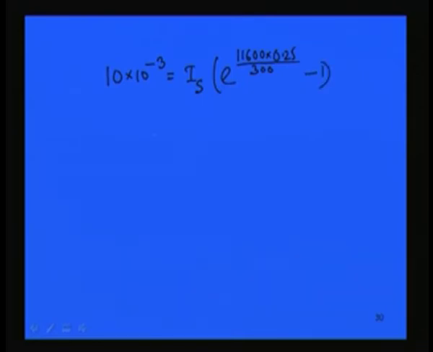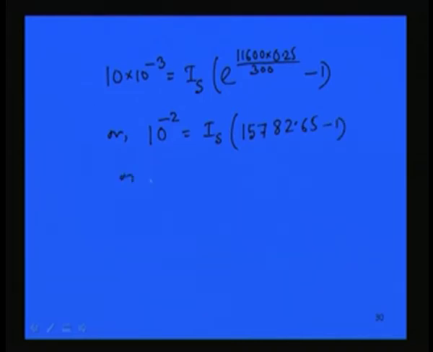If we simplify this, 10 to the power minus 2 equals Is times this part, e to the power of this whole term, which will finally be 1578.265, minus 1.